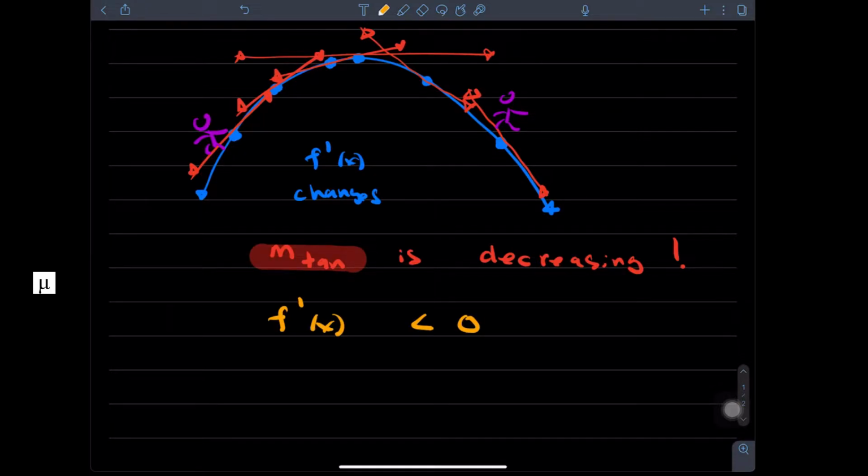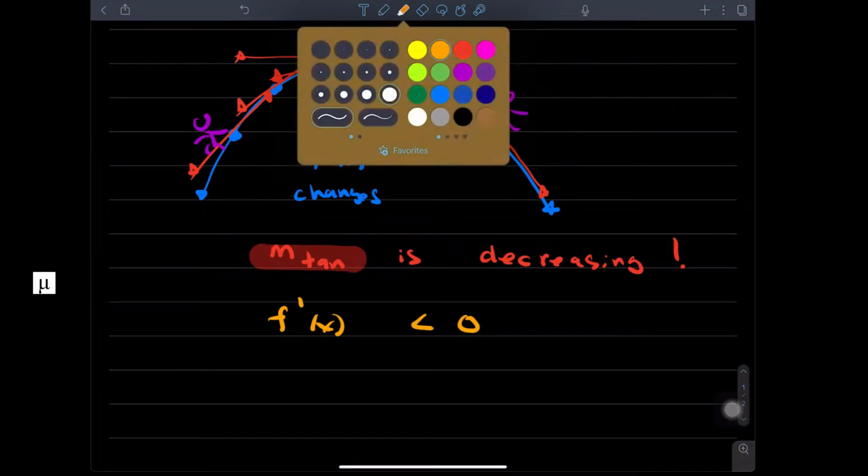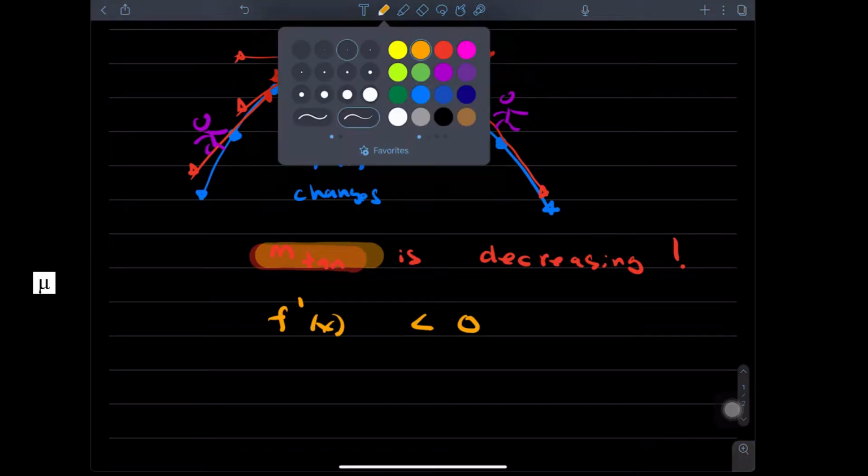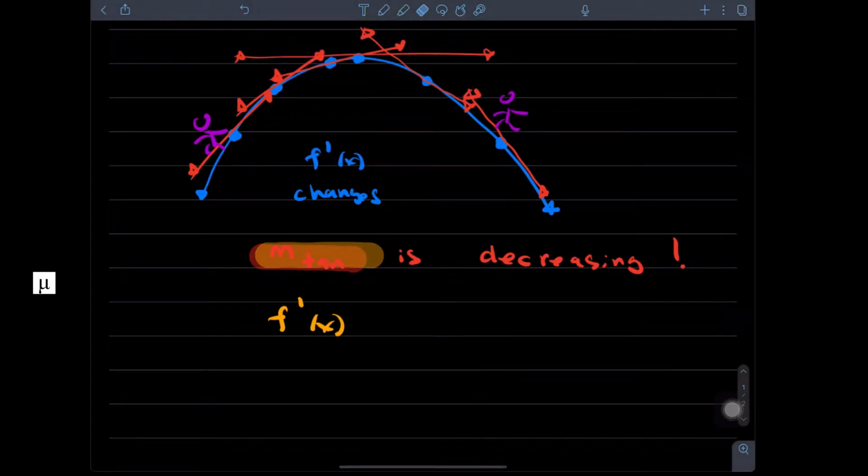You're not talking about whether the function itself is increasing or decreasing. You're referring to the slope of the tangent line here. Let me take that back. The second derivative is what? Negative.